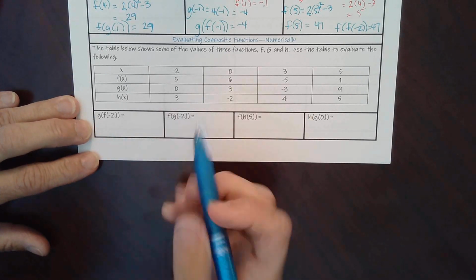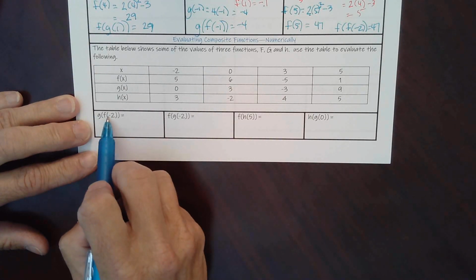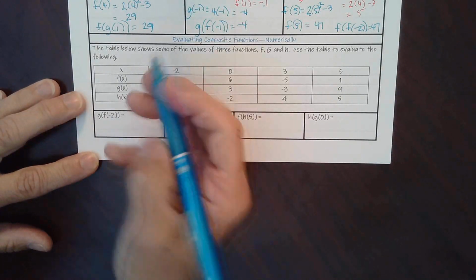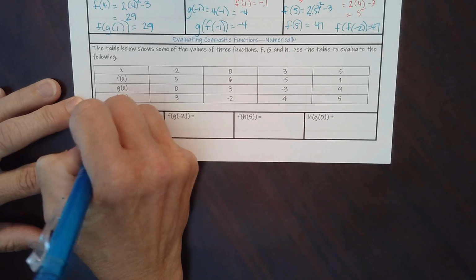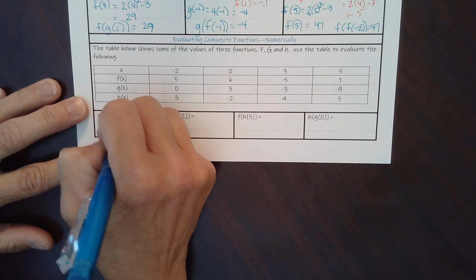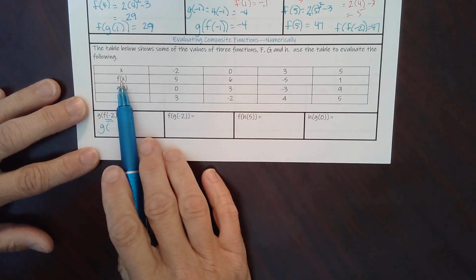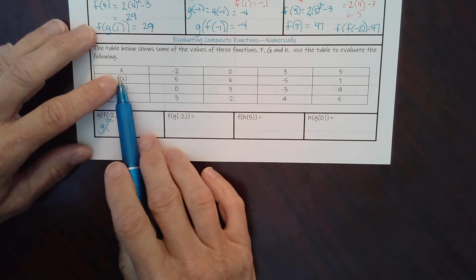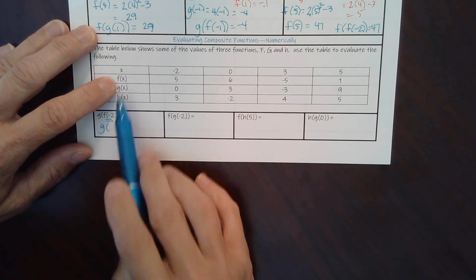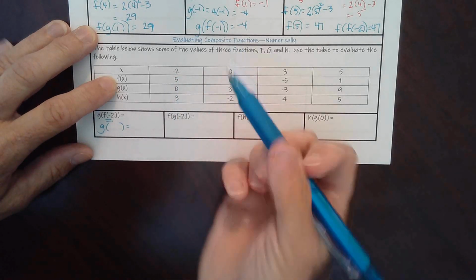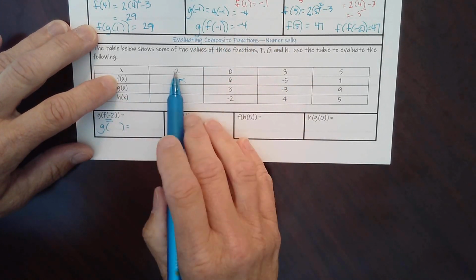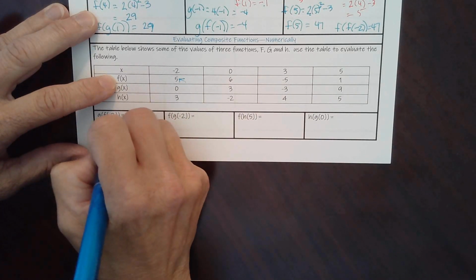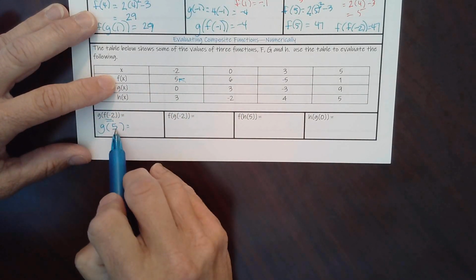So first thing, if I want to find g of f of negative 2, we're going to start with f of negative 2. So what is f of negative 2? Well, here's the f function. I'm going to find the x value that's negative 2, and I'm going to go to this value of 5, and f of negative 2 is 5.